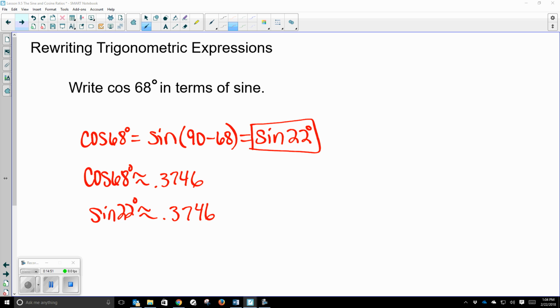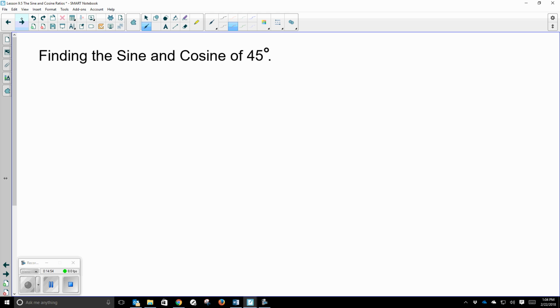All right, next. We're going to find the sine and cosine of 45 degrees without a calculator. Anybody want to guess why we can do this without a calculator?